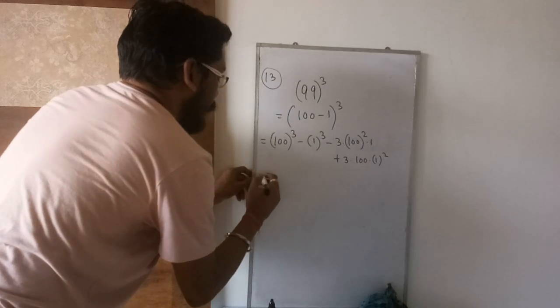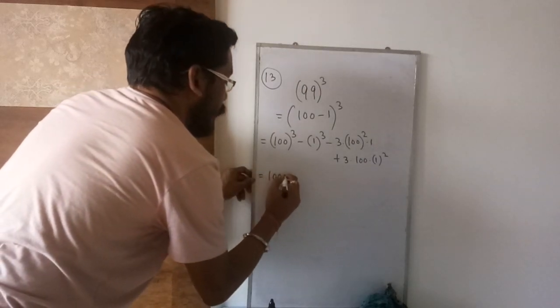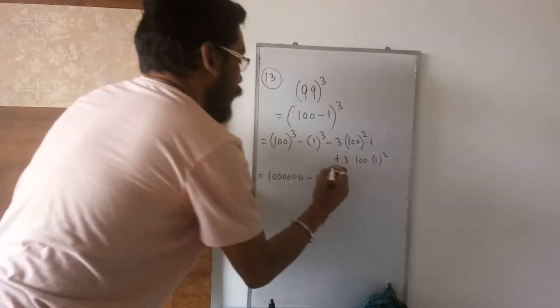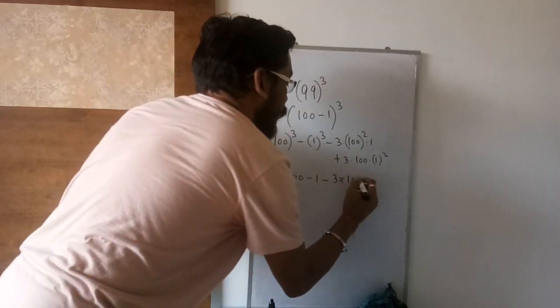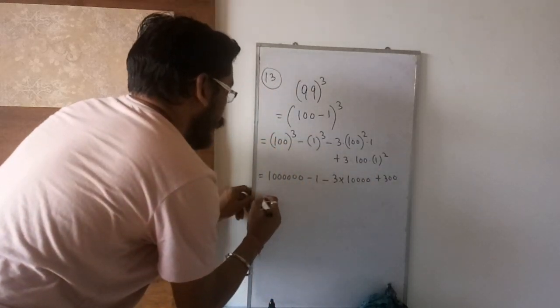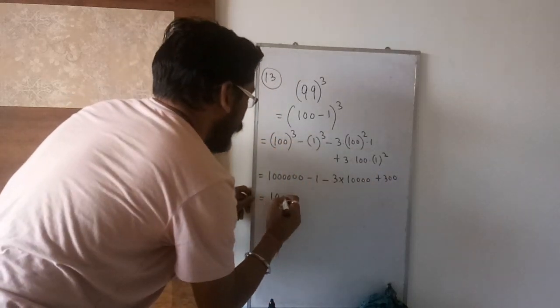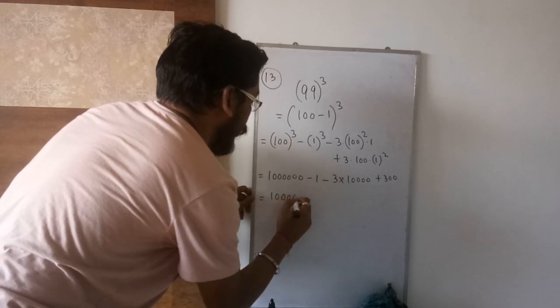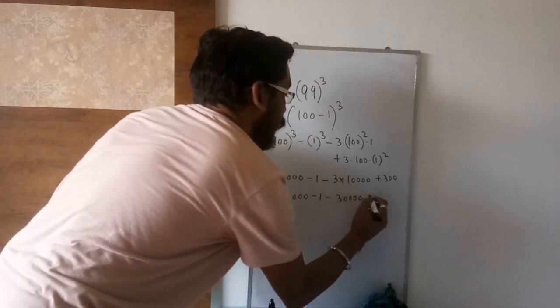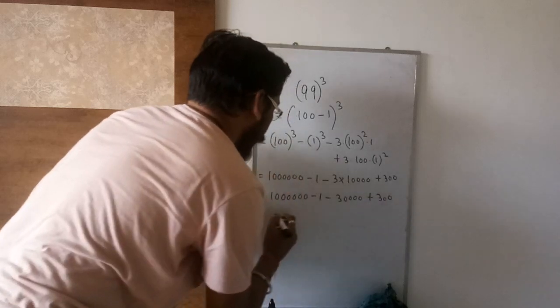So I will break the brackets. So 1 followed by 6 zeros minus 1. Here it is 3 into 1, 4 zeros will come, and here it is 300. So it is 1 with 6 zeros minus 1, minus 3 with 4 zeros, plus 300.